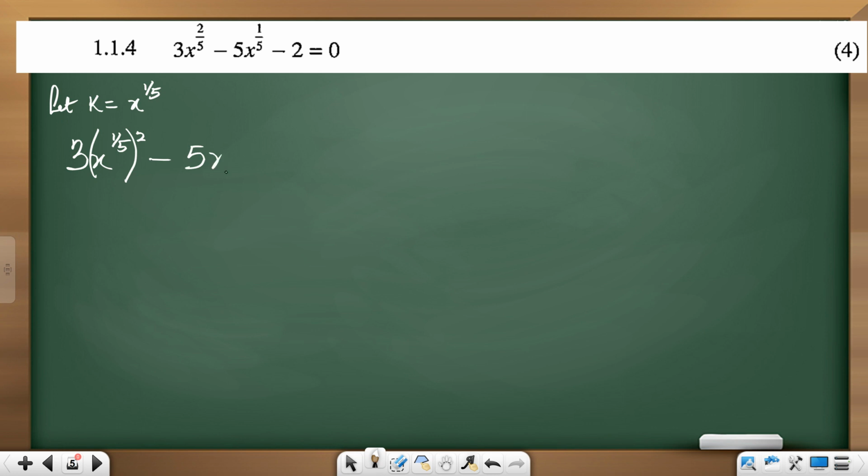Minus 5x to the power 1 over 5, minus 2. Now, if my k is equal to x to the power 1 over 5, I'm sure we see what to do here, right? What do we have? 3k squared minus 5k minus 2 equals 0.